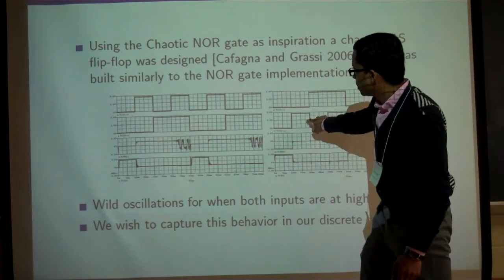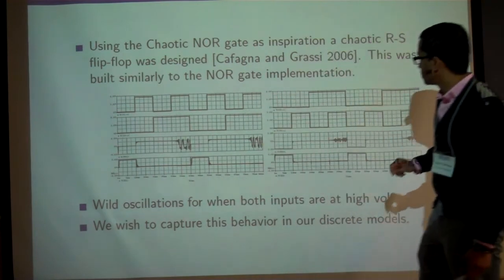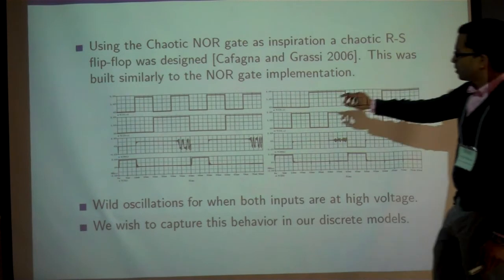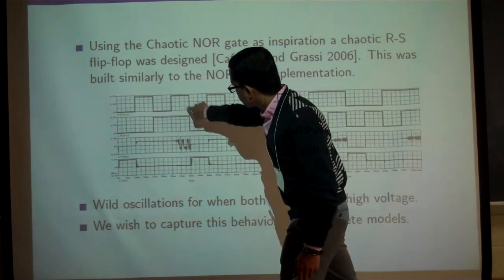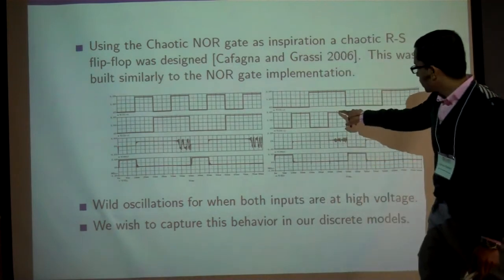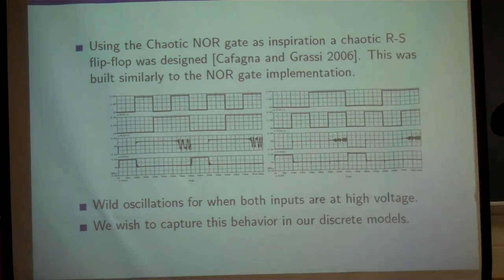This input and this input are the same, and these two inputs correspond with each other as well. Not sure why they flipped it around, but we see here that for both of the NOR gates, whenever it's 1-1, we also get these wild oscillations. So this is really the sort of behavior that we wanted to capture in our models.